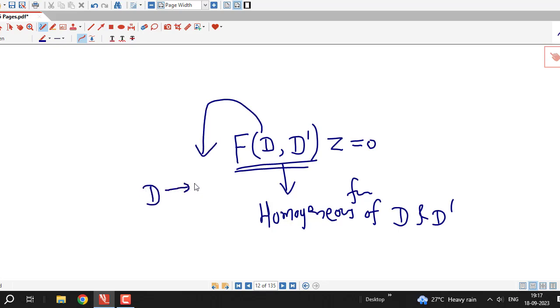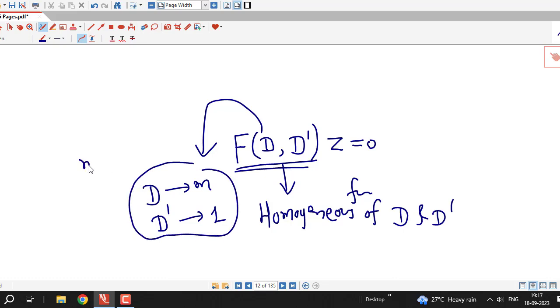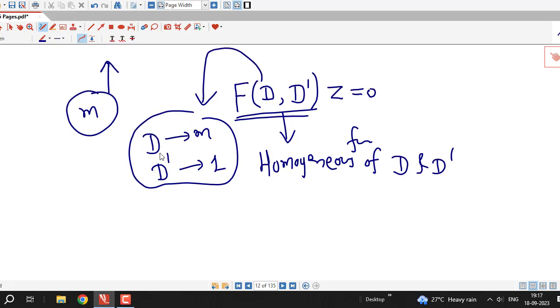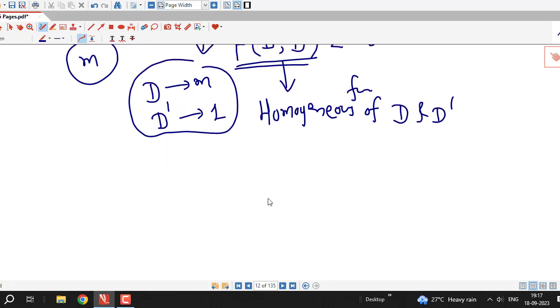For that we replace D by m, D dash by 1 and equate to 0, and we will have a polynomial in variable m. Then we will solve that polynomial, and depending upon the nature of the roots of that polynomial, we have different formulas for the general solution. And in those formulas, what we are writing is arbitrary functions of y plus mx, where m is a root of the auxiliary equation.